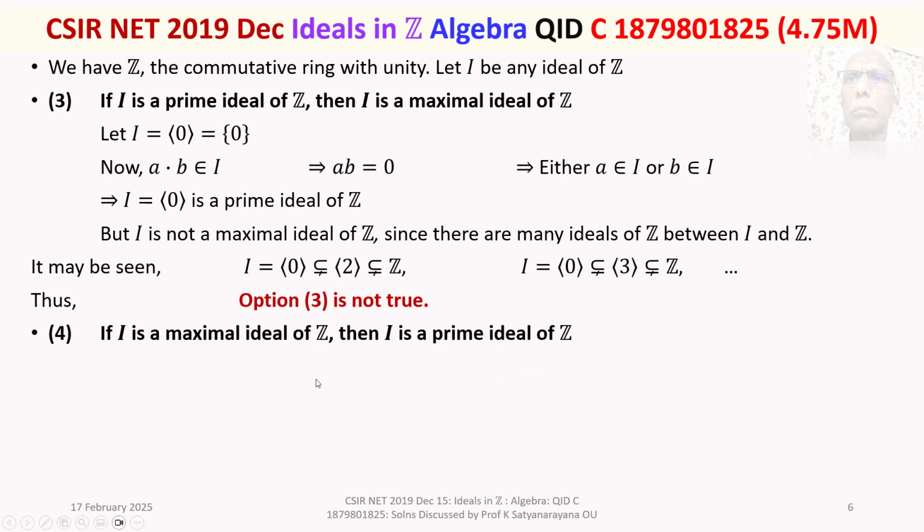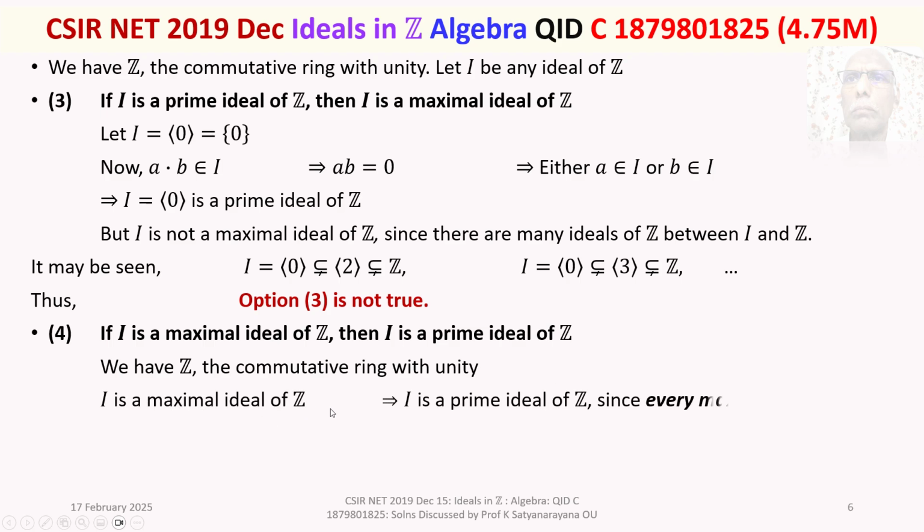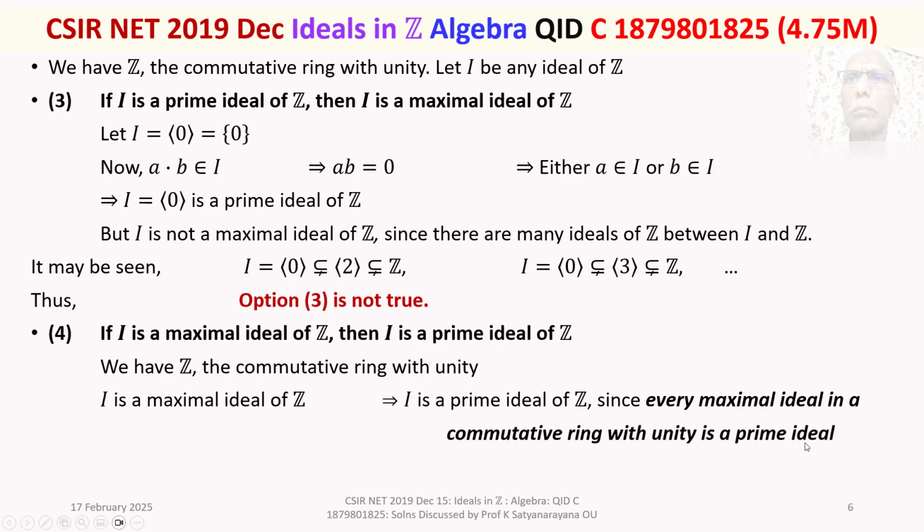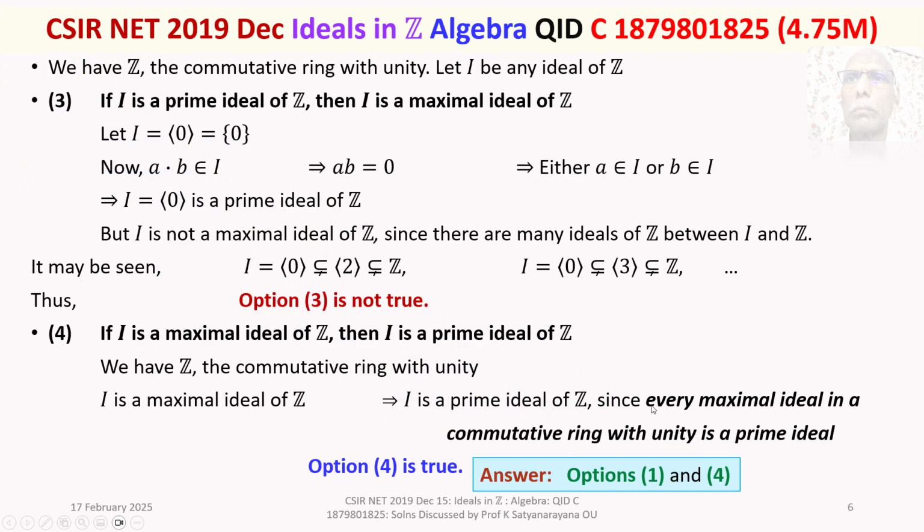So Z, plus and dot, is a commutative ring with unity, and if I is maximal in Z, then I is a prime ideal. Thus, option 4 is true.